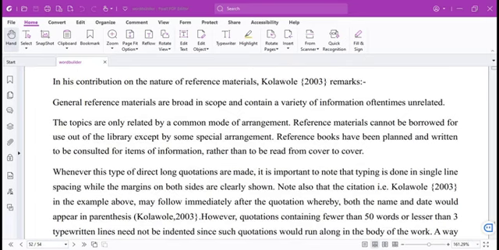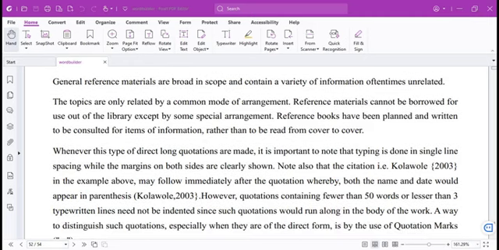Reference materials cannot be borrowed for use out of the library except by some special arrangements. Reference books have been planned and written to be consulted for items of information rather than to be read from cover to cover. Wherever this type of direct long quotations are made, it is important to note that typing is done in single line spacing.